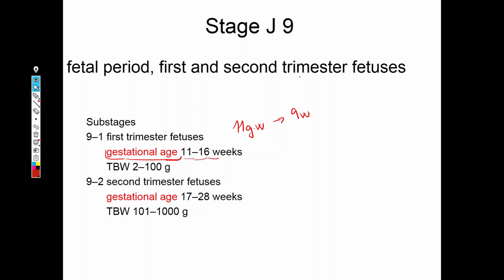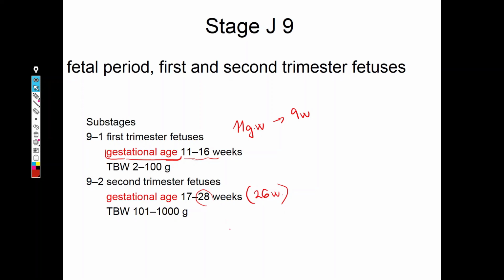So the fetal period lasts until the 28th gestational week, or 26 anatomical weeks. Yeah, you remember, the fetal period lasts till 28 gestational weeks.